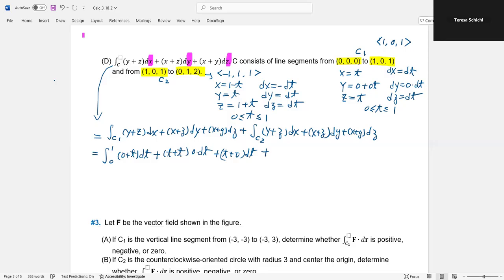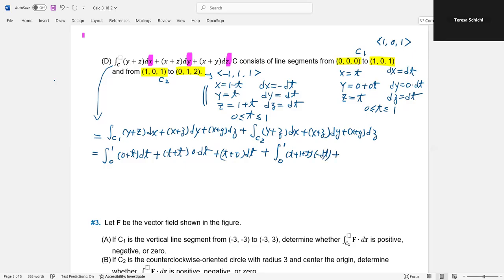Okay. Now let's take a look at the second segment here. So this is 0 to 1 also, and then we need to use this parametric equation. So y plus z, so it will be t plus 1 plus t. Then the dx is here, so it's a negative dt.